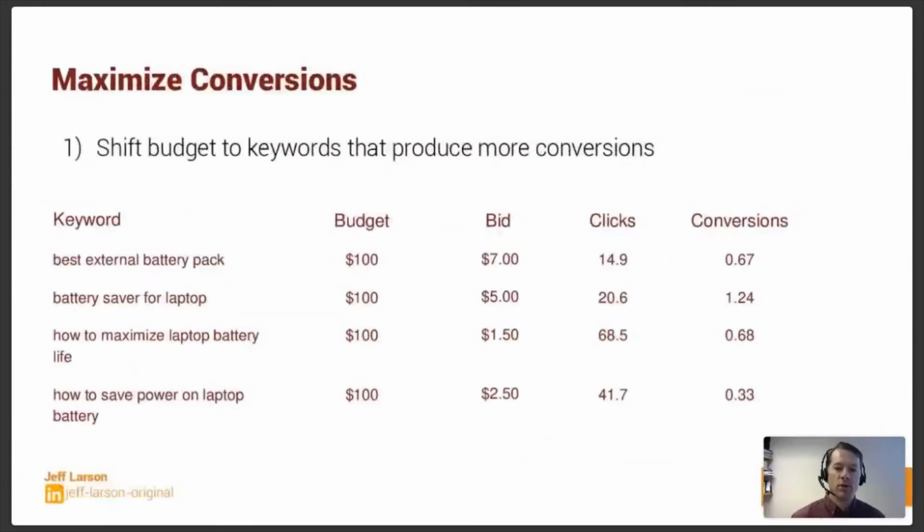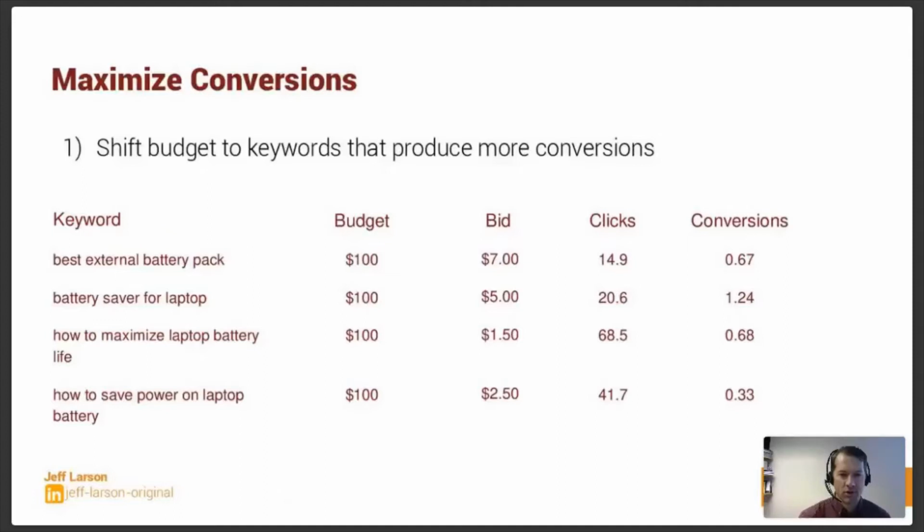Number 1 is they're going to shift budget to the keywords that are producing more conversions. This is an as-if model: if we put all $100 toward that best external battery pack at the current bid of $7, we'd only be able to get 15 clicks in a day, which would lead to 0.67 conversions. 15 clicks times a conversion rate of 4.5%, we'd get about 2/3 of a conversion every day in expectation.